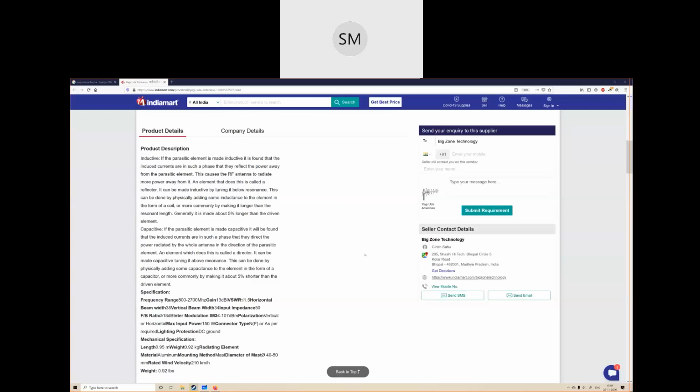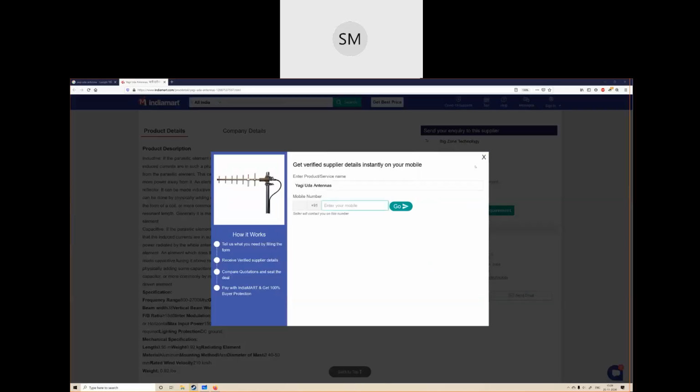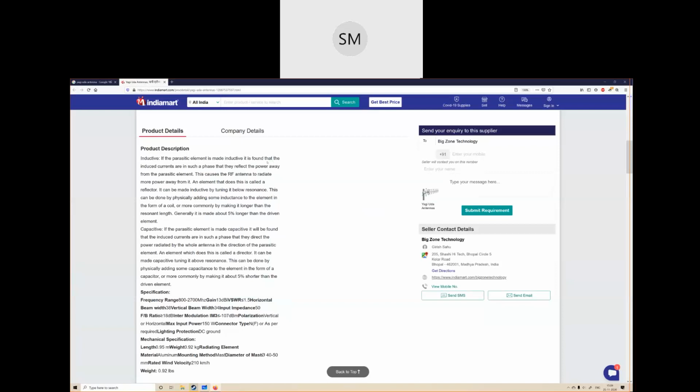Read. Okay, do not add physical inductance.